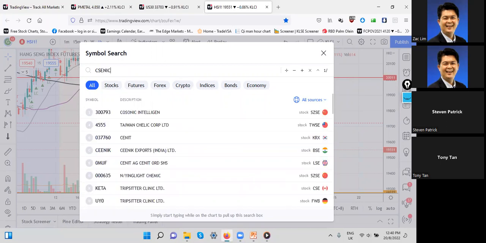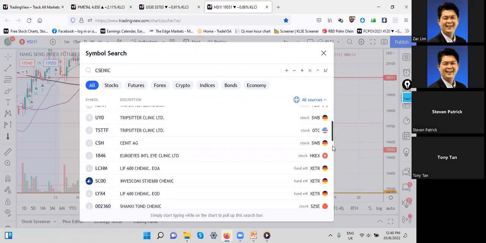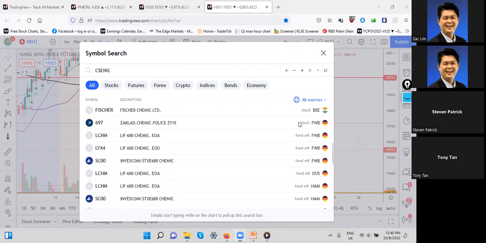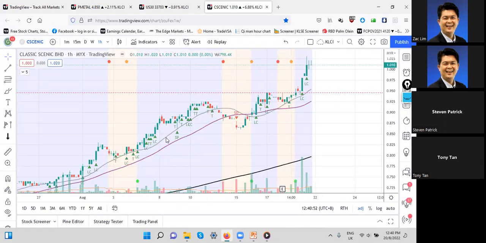Wait, why don't I have the code? Is it correct? Oh, sorry. I think it is this one. Okay, this is the chart.